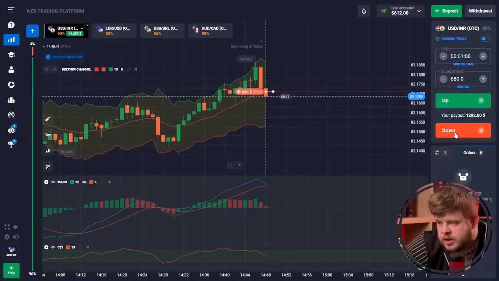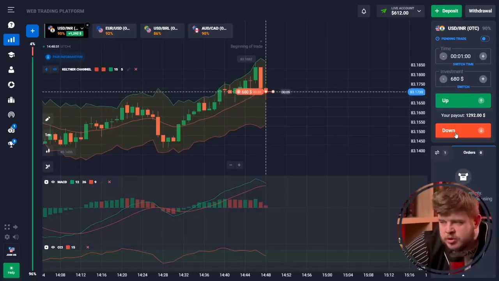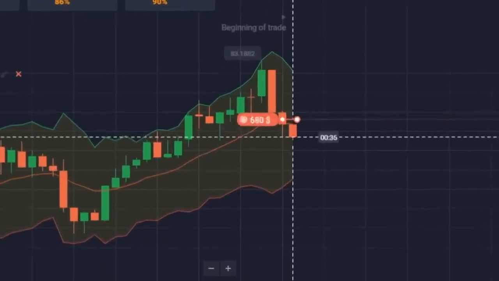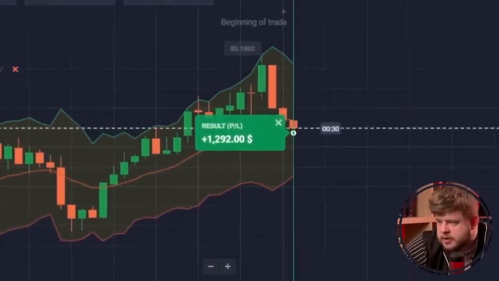So the next target is the bottom of the Keltner channel. I'm sure that price will finally hit it. Anyway, we will close our position before this, because our time period is just 1 minute. We just need to see the beginning of this drop. That will be enough for us. Okay, perfectly done. That's good.